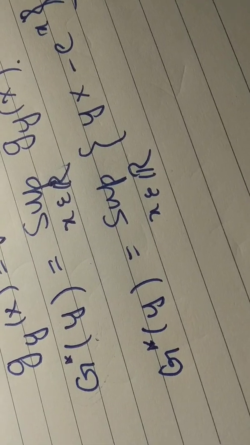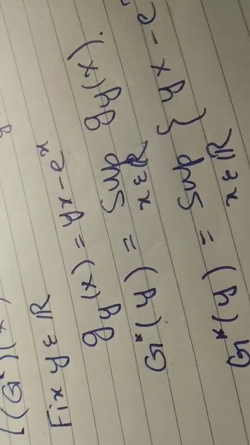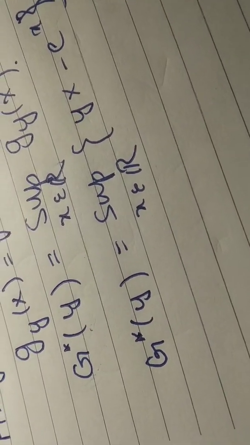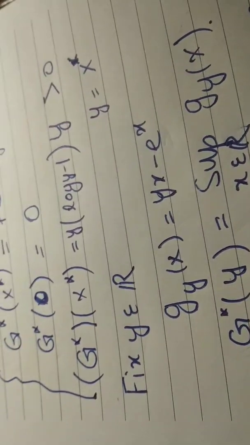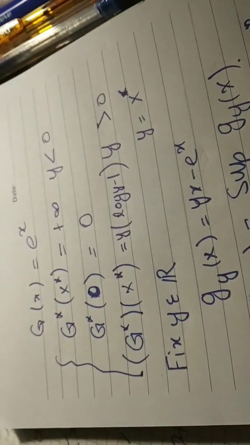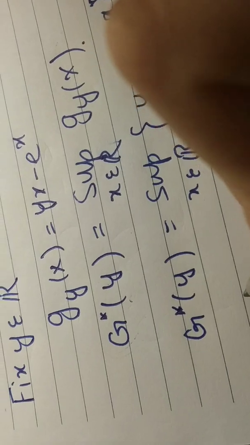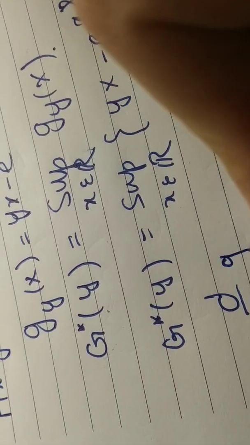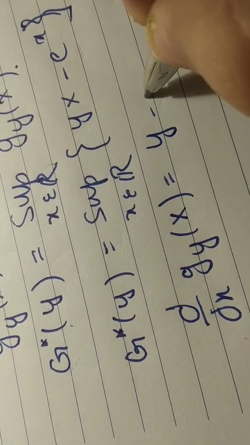now you know that when we have to find some critical point or some maximum and minimum, we will first take, and we fix some point, then we will take the derivative of a function like this: d_x g_y x is equal to y minus e^x.